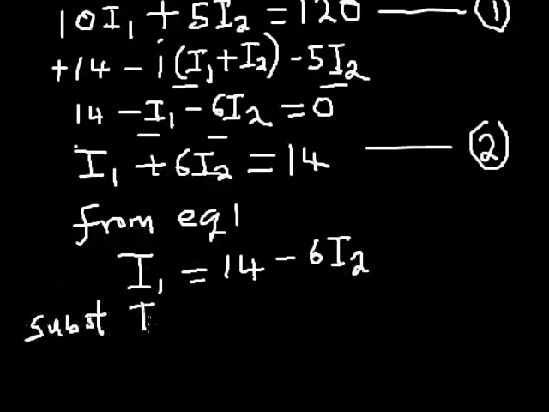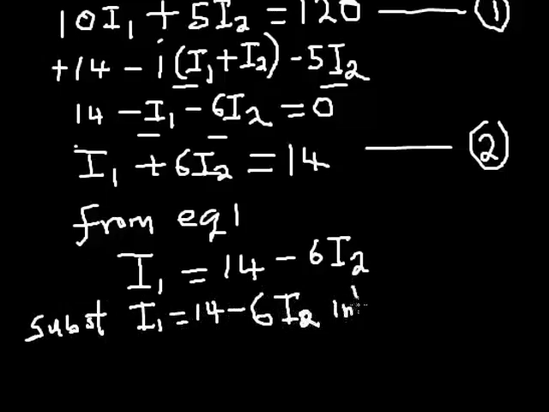So I1 being equal to 14 minus 6I2 goes into equation 1. If I go to equation 1, any place I see I1, I put 14 minus 6I2.